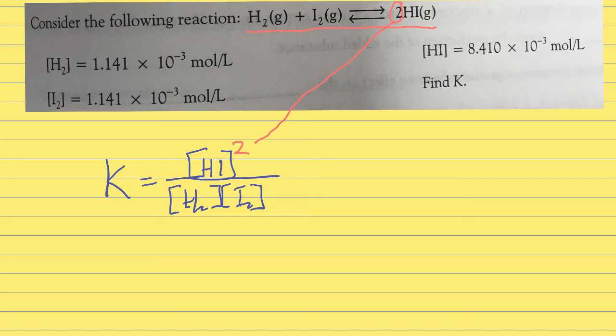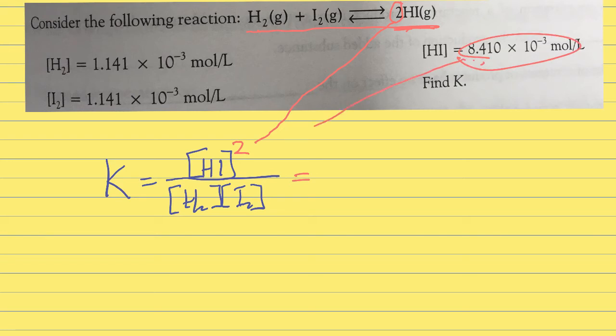So here we've taken the product, and there's only one in this case, the HI, so that goes on the top, the two reactants go on the bottom, and then you need to take these numbers.